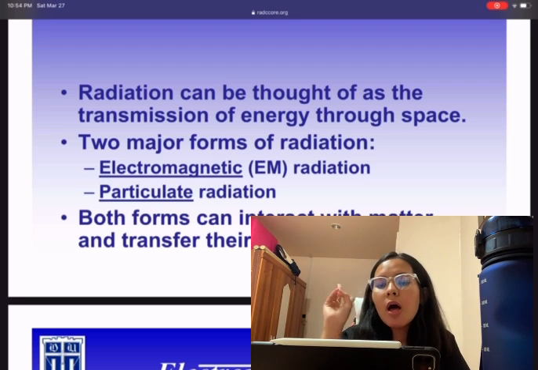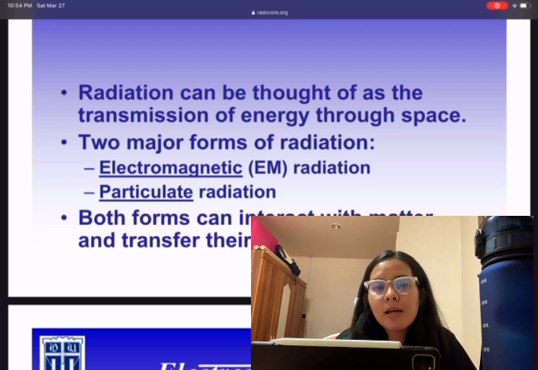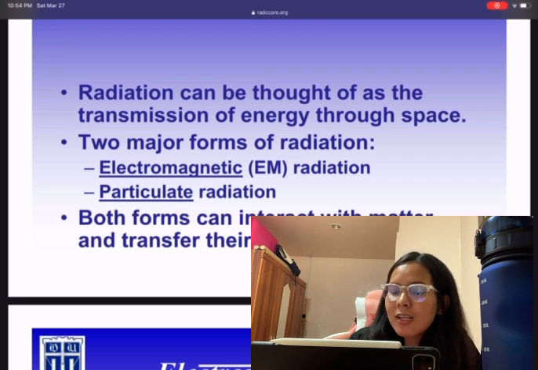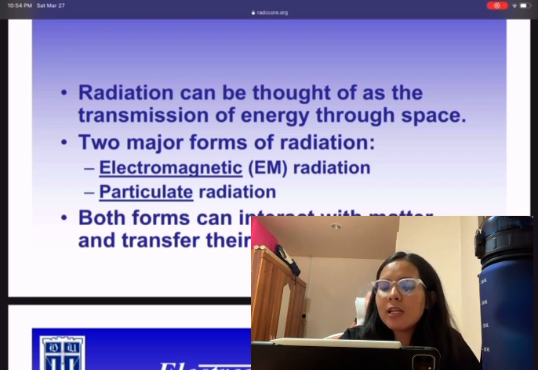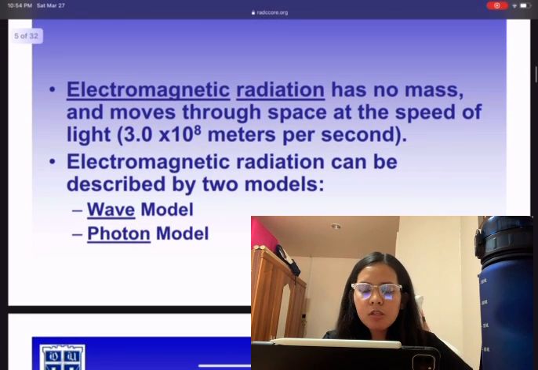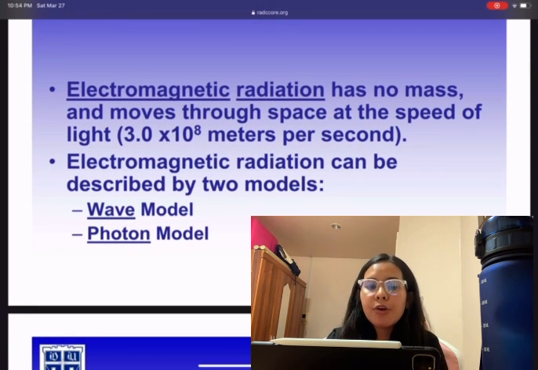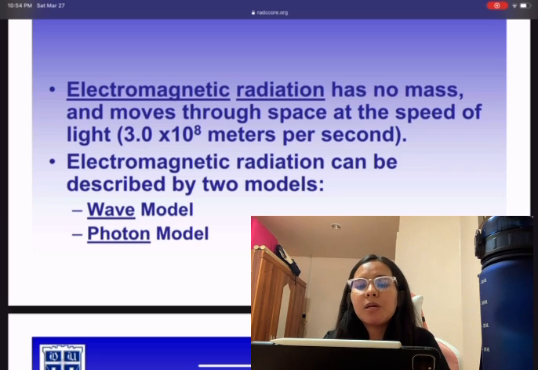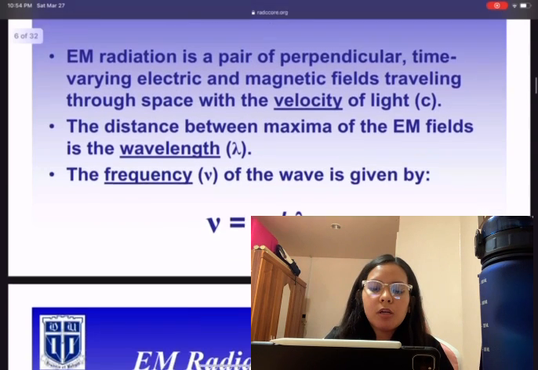There are two forms of radiation: electromagnetic radiation and particulate radiation. Both forms can interact with matter and transfer their energy to the matter. Electromagnetic radiation has no mass and moves through space at the speed of light. It can be described by two models: the wave model and the photon model.